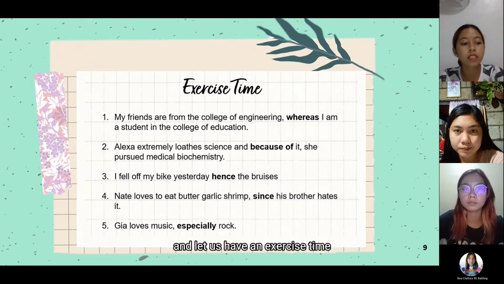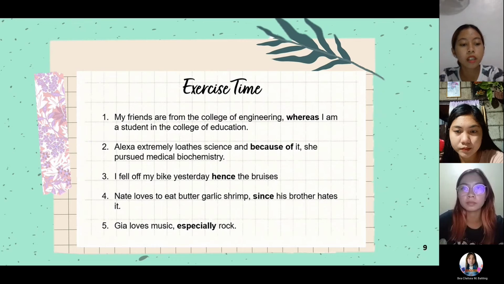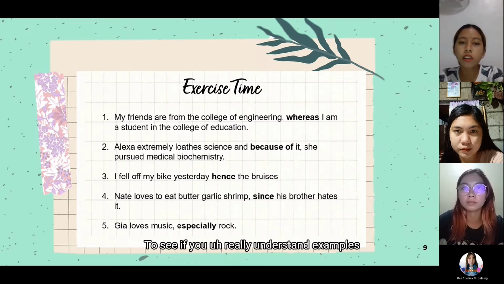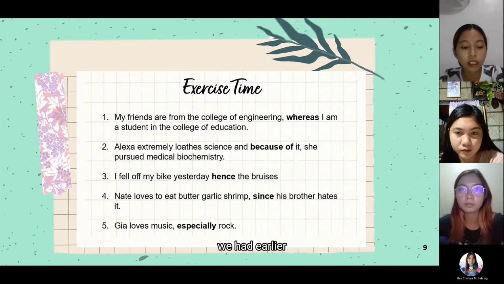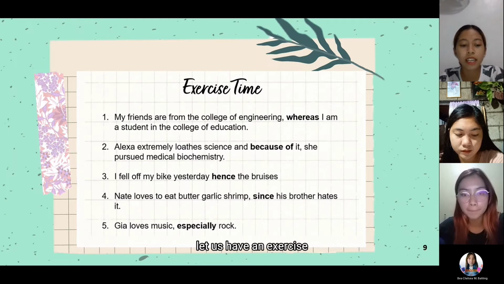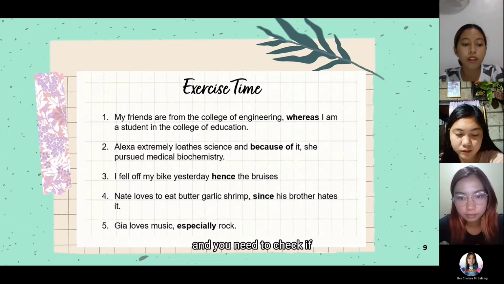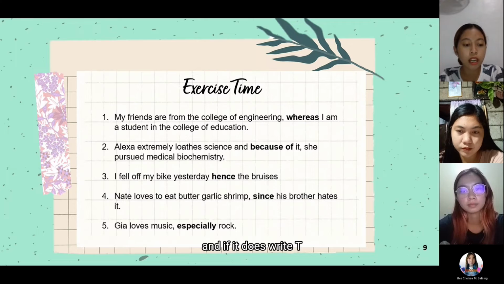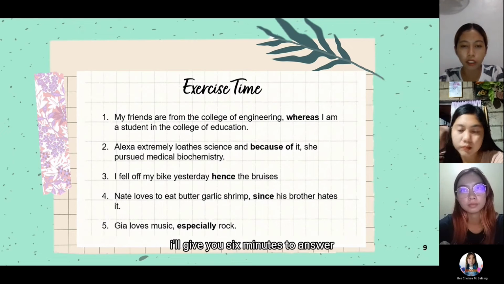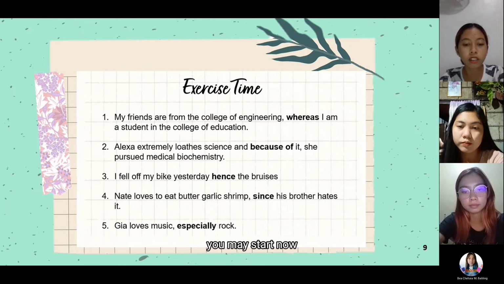And let us have an exercise time to see if you really understand the examples we had earlier. I have 5 sentences here, and you need to check if the sentence uses the appropriate linking word. If it does, write T, and if not, write F. I'll give you 6 minutes to answer. You may start now.